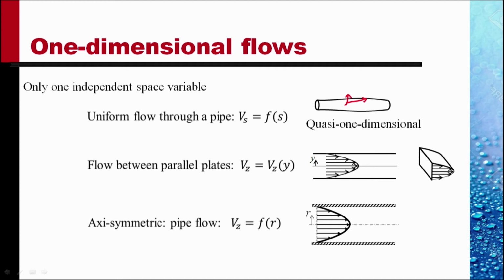In an axisymmetric flow in a pipe, there is only one component of velocity, Vz, and this is a function only of r, the radius, that is the distance from the central axis. It does not depend upon the angle, it does not depend upon z. So there is only one component of velocity, Vz, and which is a function only of one independent space variable, r.